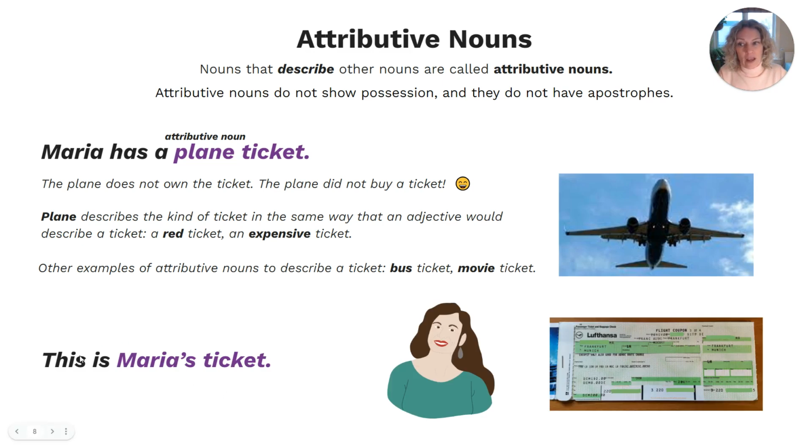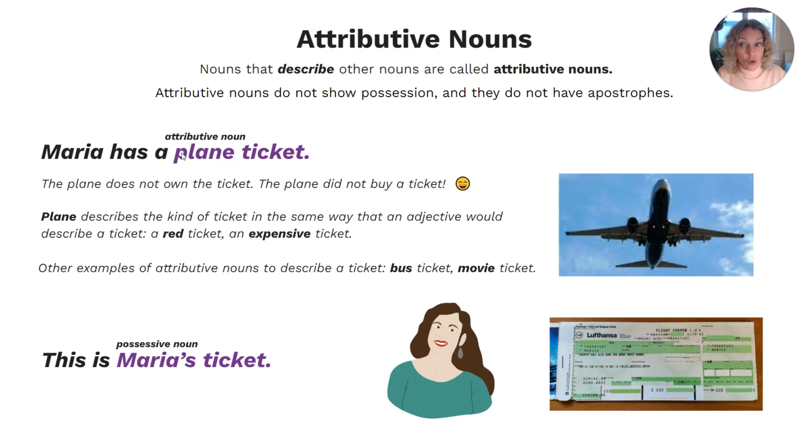So if you say, this is Maria's ticket, that's a possessive noun because Maria is the owner of the ticket. It's not a type of ticket. We can't say, oh, this is a Maria ticket. We need to show that Maria is the owner of the ticket, and that's why we have an apostrophe S. So when you have an apostrophe S, that's a possessive noun, and it shows ownership.